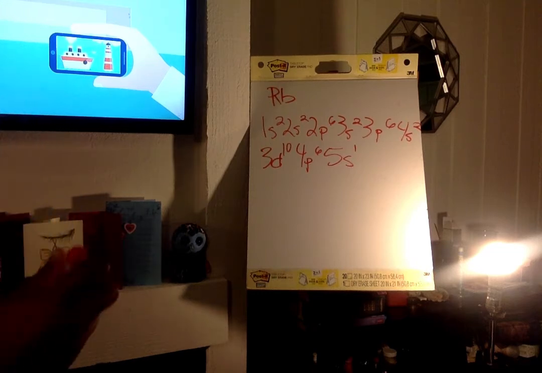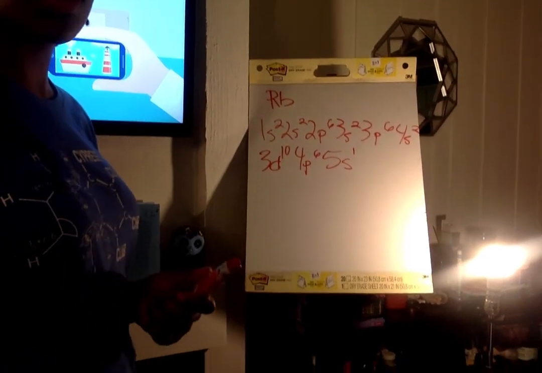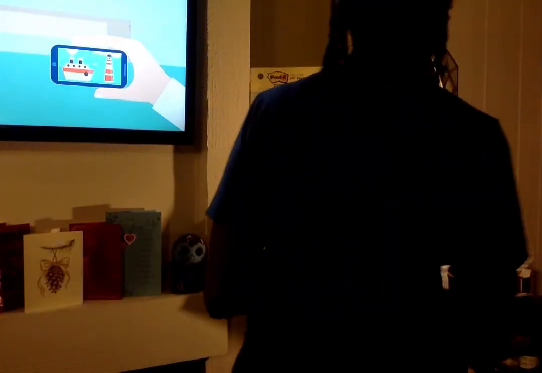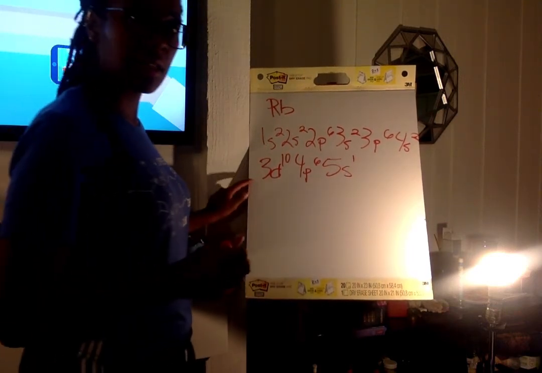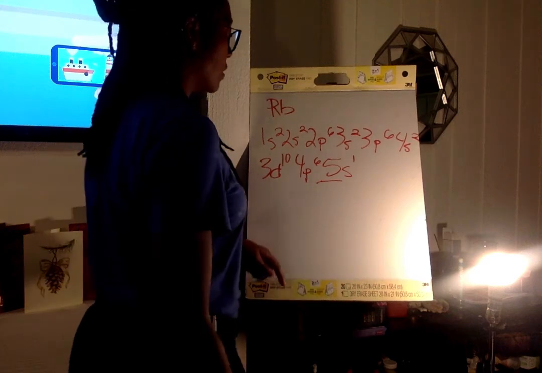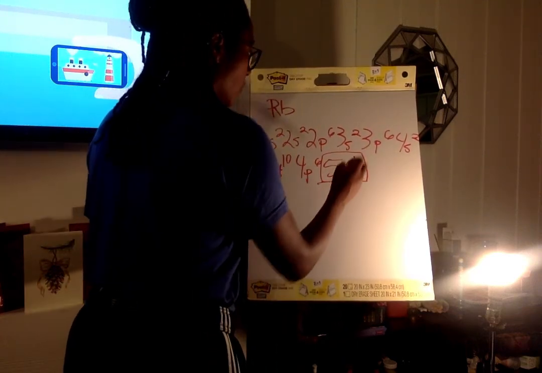Okay, so in order to do these Lewis dot structures, you have to find how many valence electrons there are. And how do you figure out how many valence electrons there are? Well, you want to see which one has the highest quantum number. So 5 is the highest quantum number. How many electrons are in 5? There's 1, right?